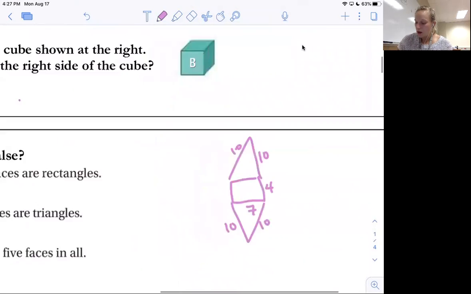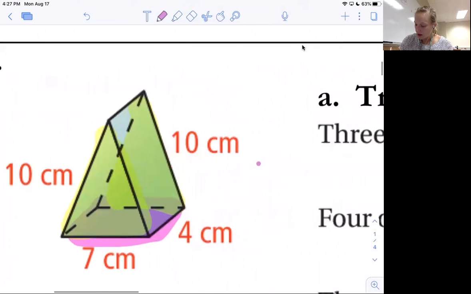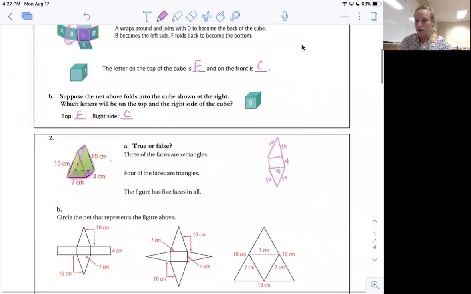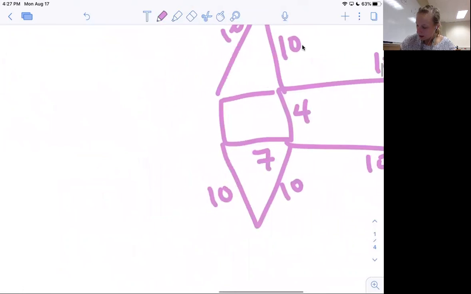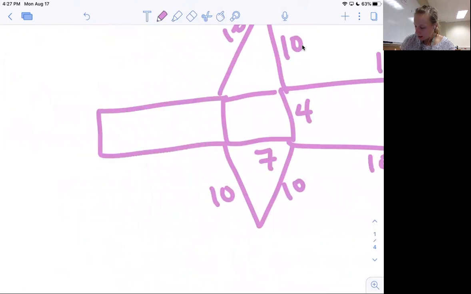Okay. What's left then are these rectangles that connect my triangles together. So I'm going to draw those connected to the base, flared out off to the side. So here's a rectangle. It's a 4 by 10 rectangle. And here's another 4 by 10 rectangle.